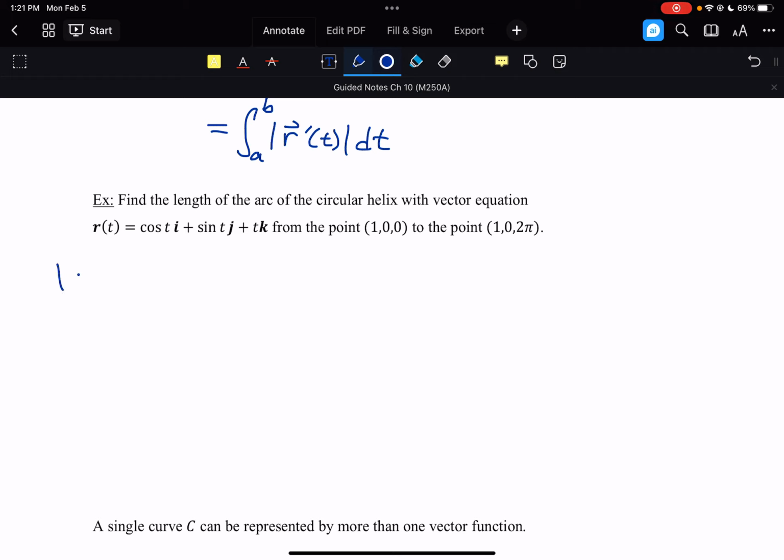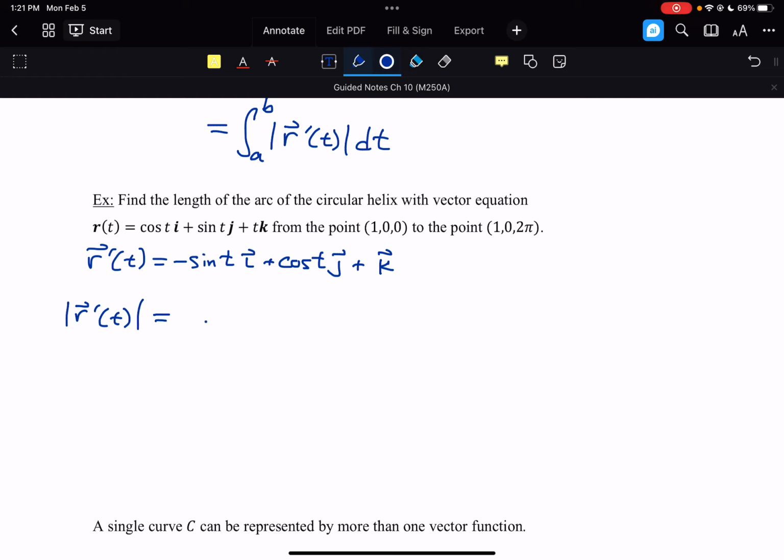So we need to get the length of r prime. Let's put down r prime here first. So r prime of t is going to be negative sine t i plus cosine t j plus 1 k.